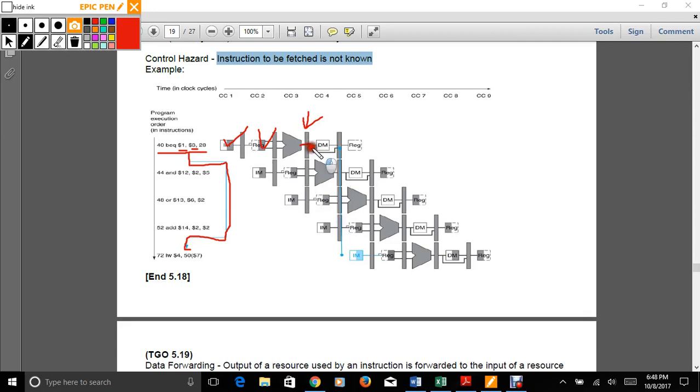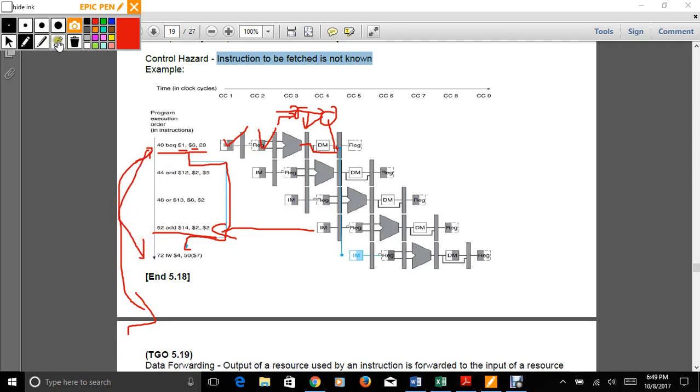Furthermore, I don't make this decision until we do the shift left logical here, we bring the value up here, we do all the comparisons. So in cycle 4, which is this instruction here, we don't know whether or not I'm going to branch, or if I branch, I'm going to branch 7 instructions, I'm going to go down here. Otherwise, I'm sorry, down here is 72, right?